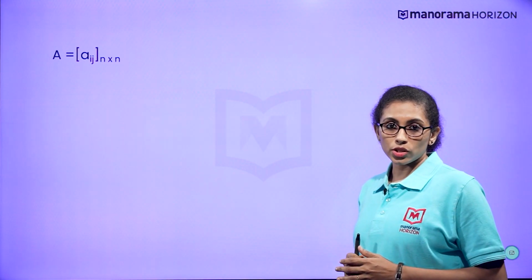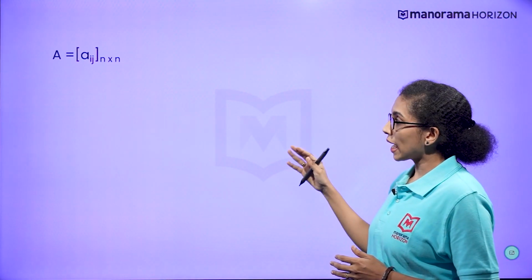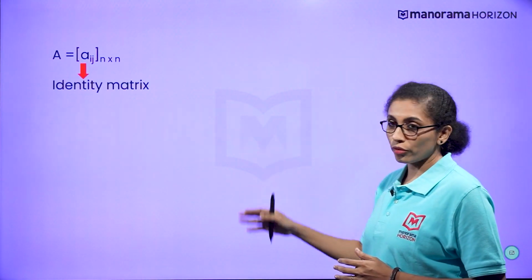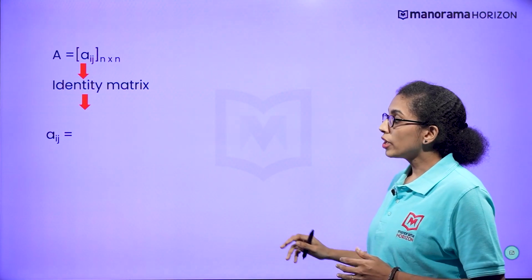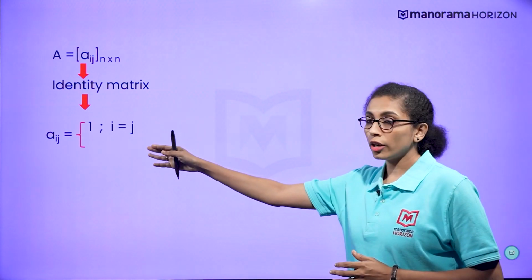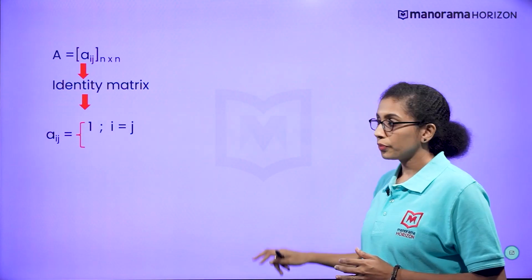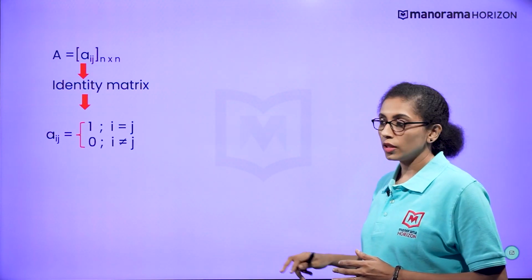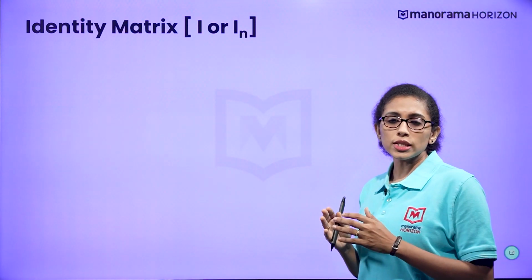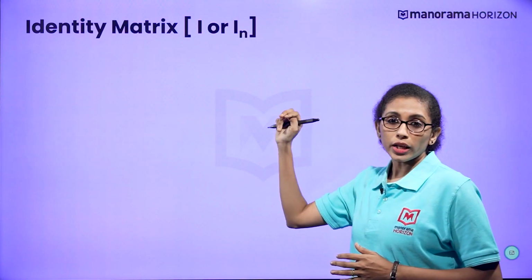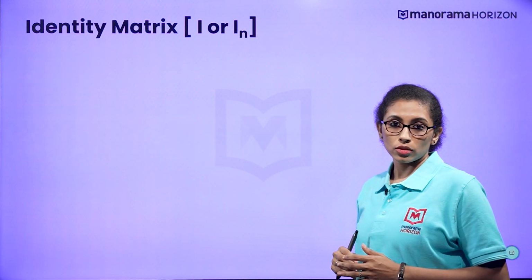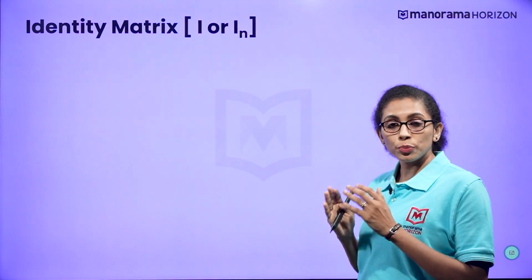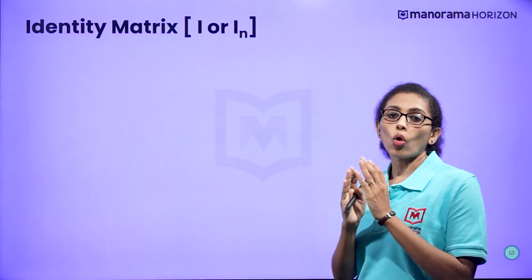Let's see its representation. A square matrix [Aij] of order n by n is an identity matrix if Aij is equal to 1 if i is equal to j and is equal to 0 if i is not equal to j. Generally, we use the capital letter I to denote an identity matrix. We also use the notation I subscript n, which means identity matrix of order n.